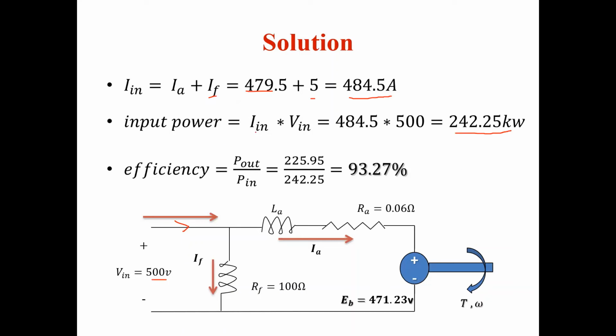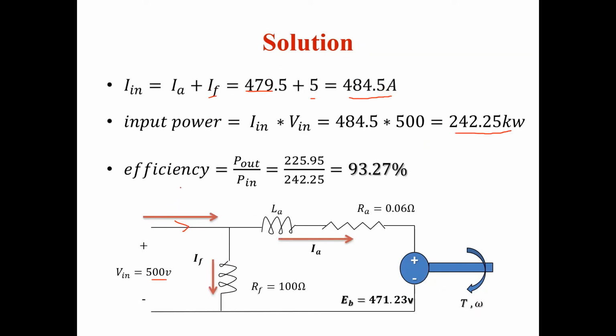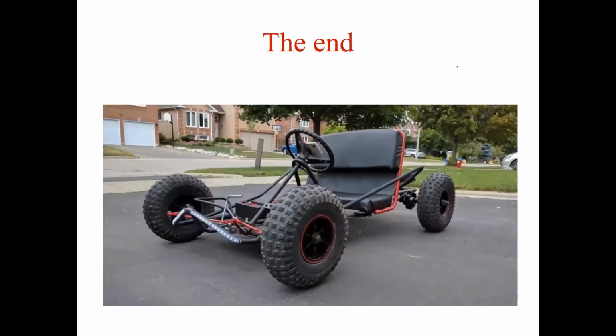We have already determined the output power, which is 225.95. So if you want to compute the efficiency of the motor, the output power is this much and the input power is this much. So it is about 93.27%.